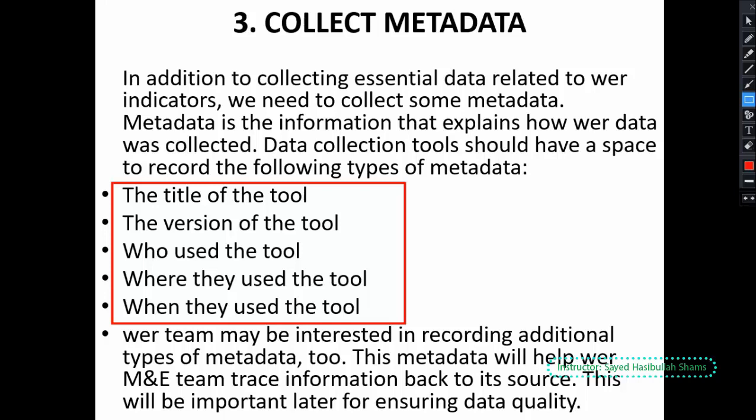So through metadata we can share feedback with the person who collected the data. It's very important, and people have more interest in this type of data. Besides the essential information, we must have metadata in our form.